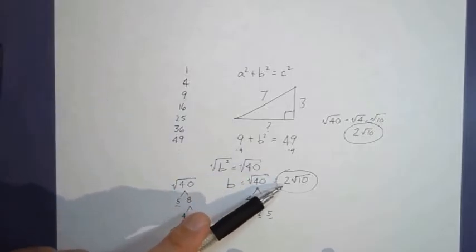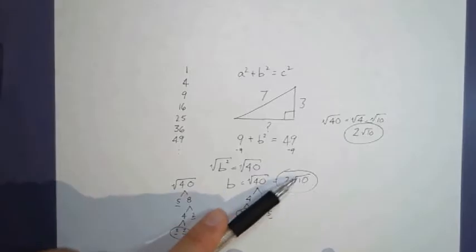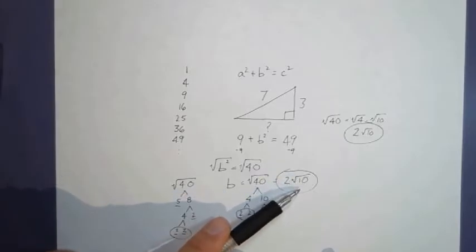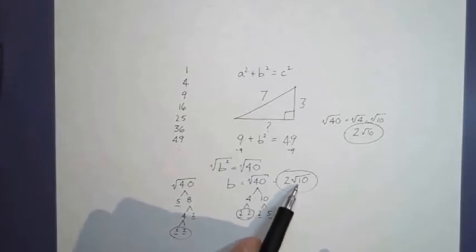Let's review a couple of rules for recognizing factors. Remember, if a number is even, 2 goes into it. If you add up the digits in a number, like 1 plus 0 is 1, 3 does not go into 1, so 3 does not go into 10. That works for any large number.